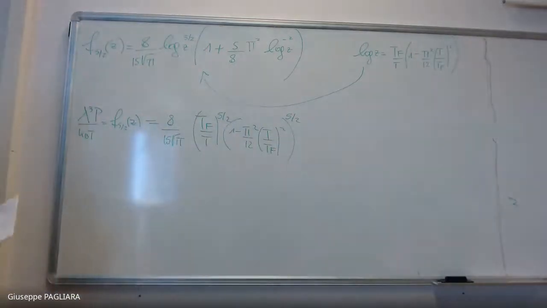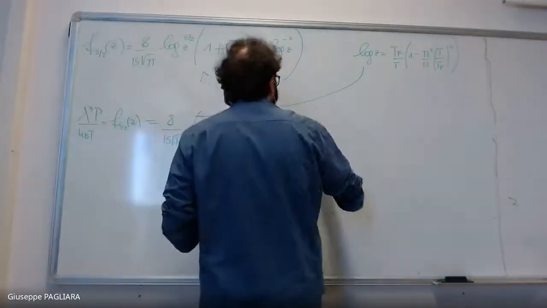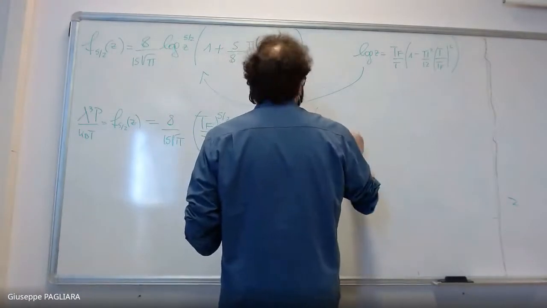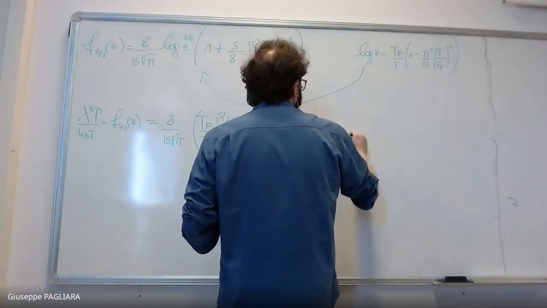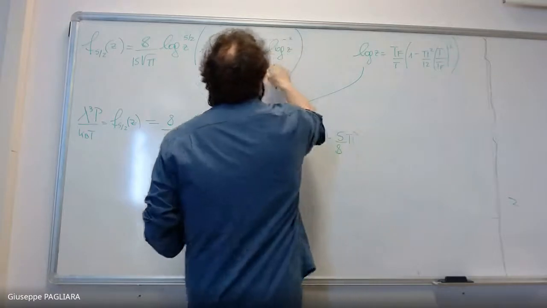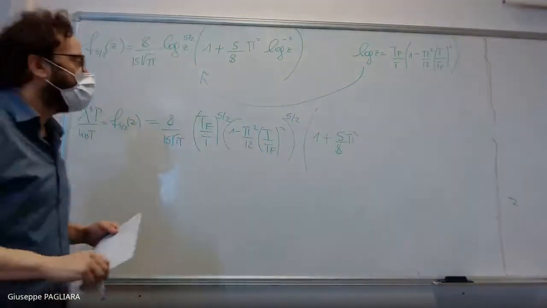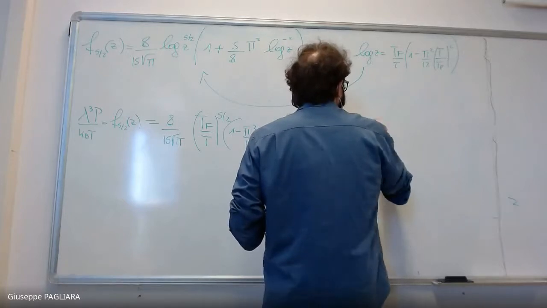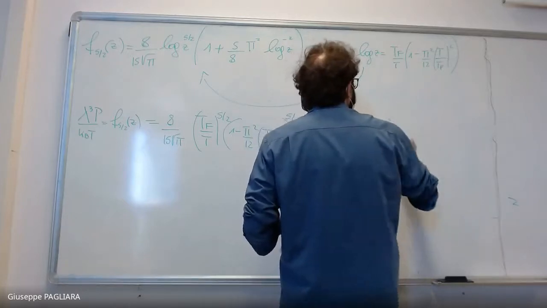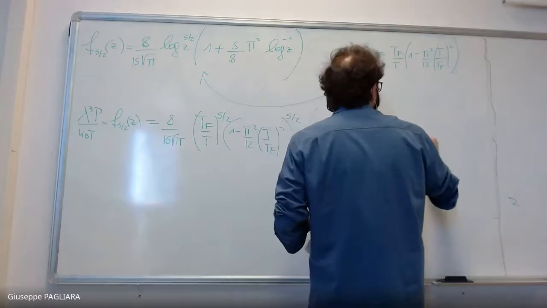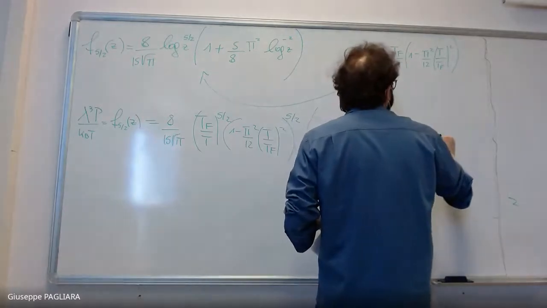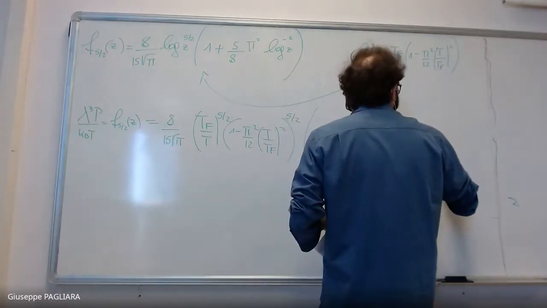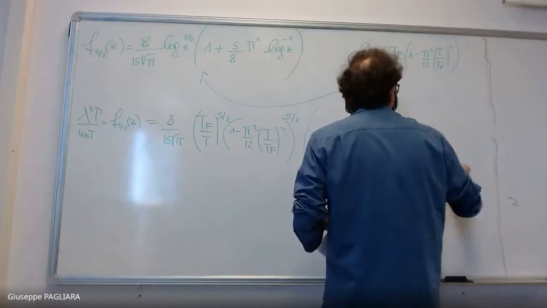Okay, then I have 1 plus 5 divided by 8 pi squared. Then I have this quantity here to the minus 2, which is T_F divided by T to the minus 2, and then 1 minus pi squared divided by 12, T divided by T_F squared, to the minus 2.